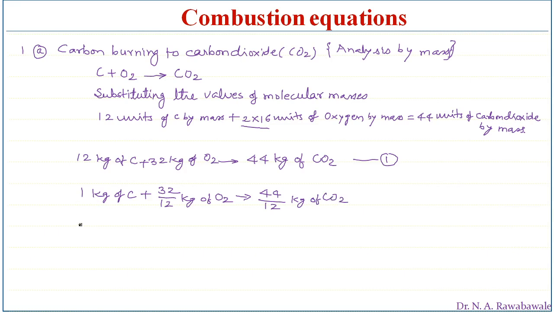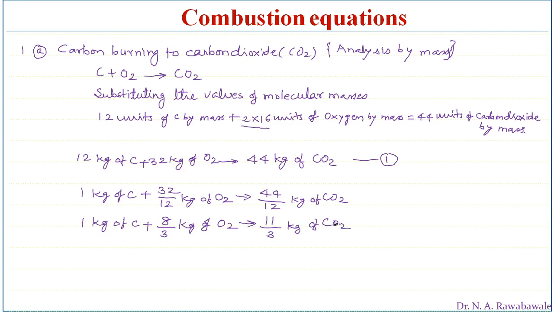On simplification, 1 kg of carbon is burnt to produce, 4 3s are 12, 4 8s are 32, 8 by 3 kg of oxygen produces 11 by 3 kg of carbon dioxide on combustion.